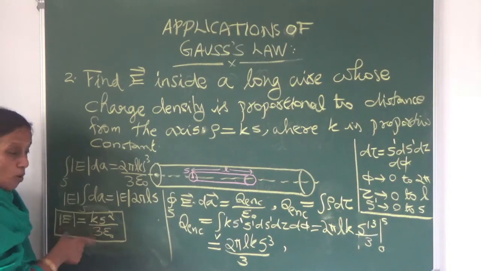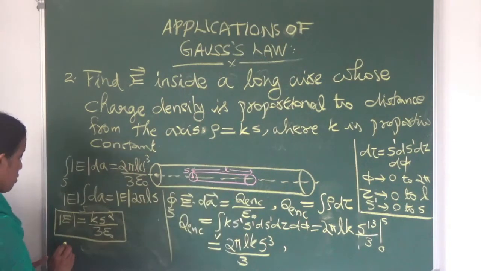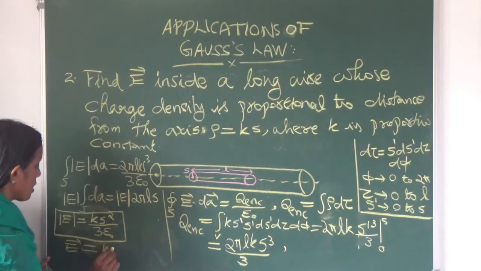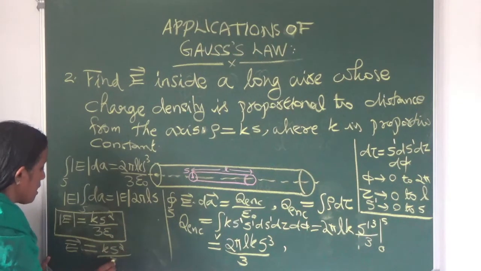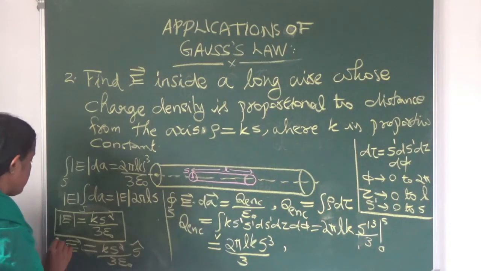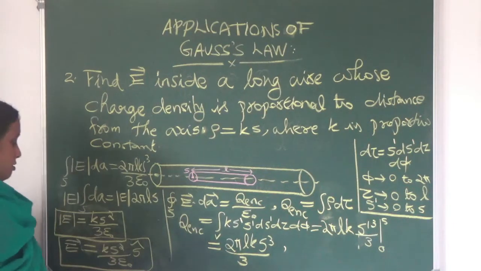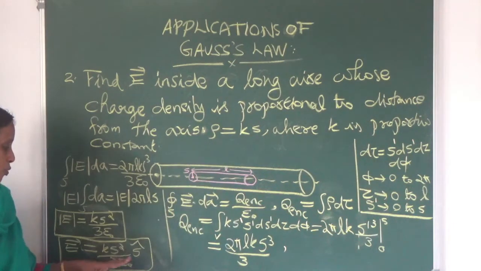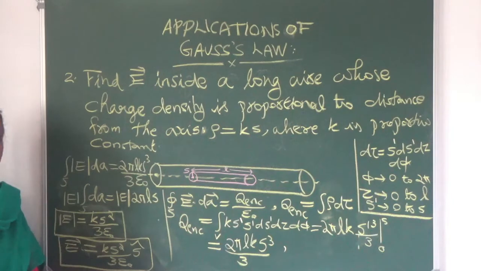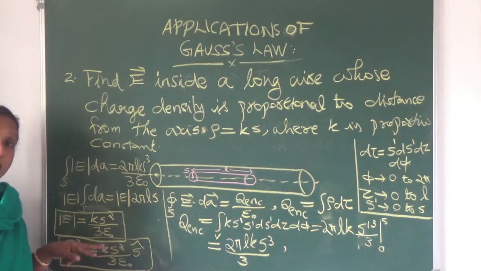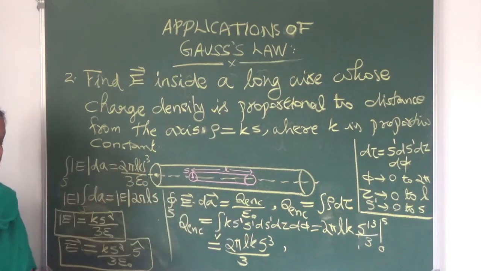This electric field is pointing along S direction, so you can write it in vector form as E equal to K S square by 3 epsilon 0 S cap. This is the electric field inside a long cylinder.